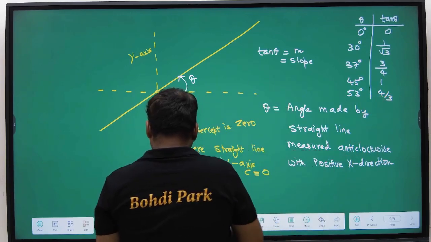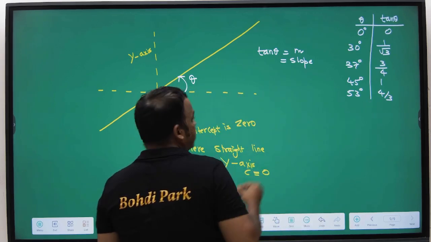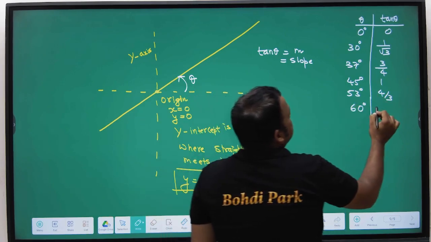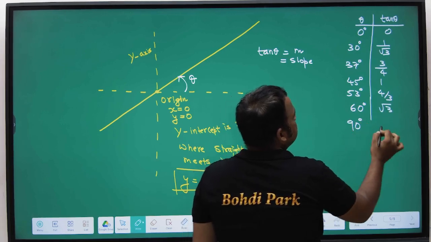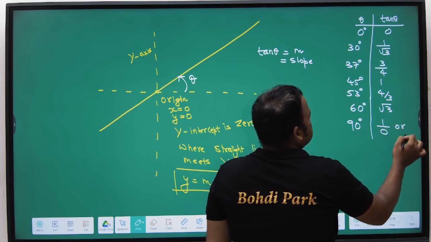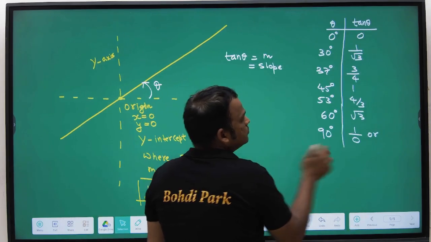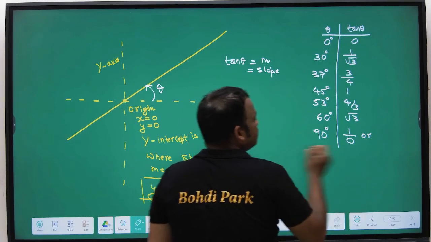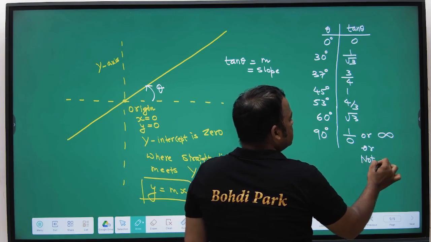Similarly, when theta is 60 degree, tan theta is root 3, and when it is 90 degree, tan theta is 1 by 0, or we can say it is infinity, or we can also call it not defined.